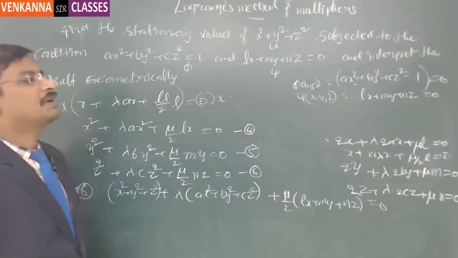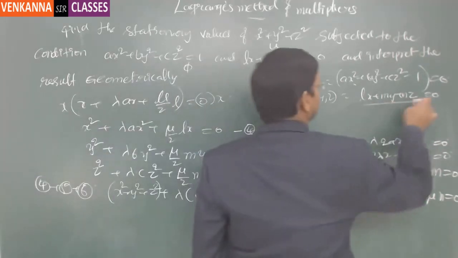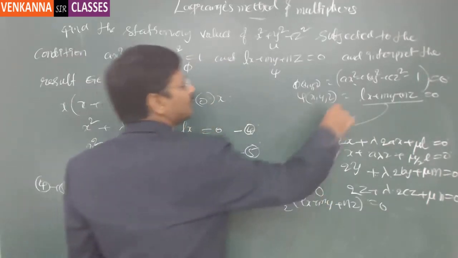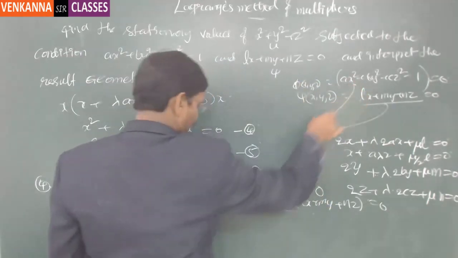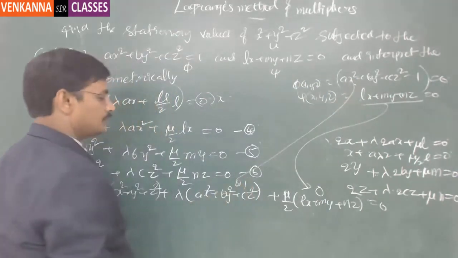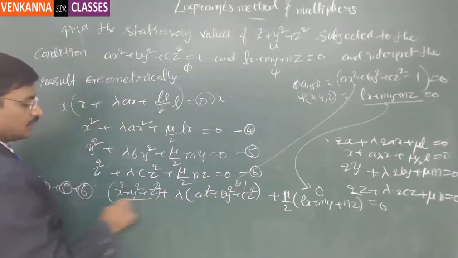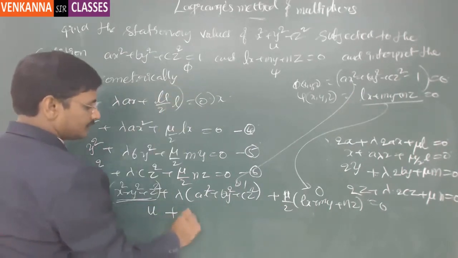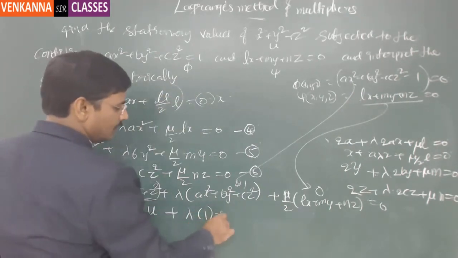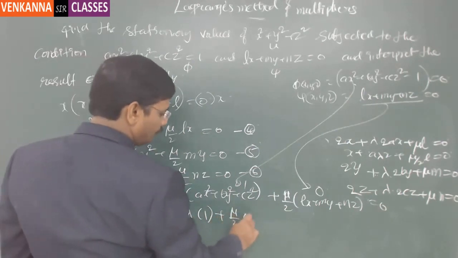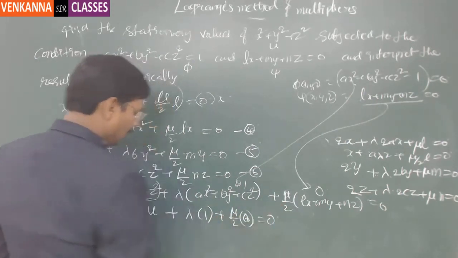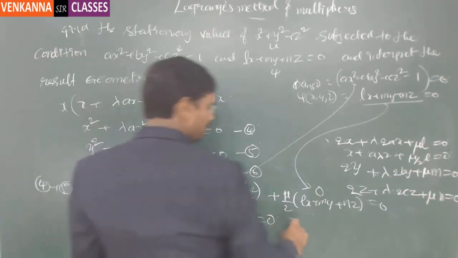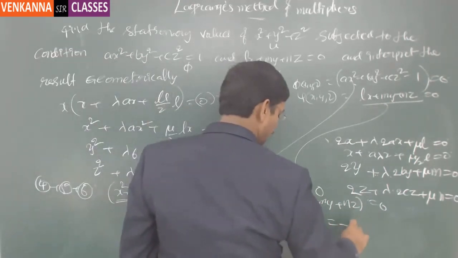Now, from the given conditions, lx plus my plus nz is equal to 0, and ax square plus by square plus cz square value is coming out to be 1. So x square plus y square plus z square is u. So this will be u plus lambda times of 1 plus mu by 2 times of 0 is equal to 0, or u plus lambda is equal to 0. It implies u is equal to minus lambda.